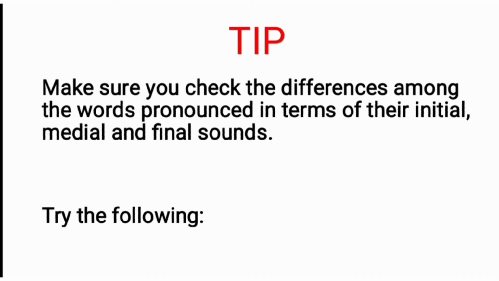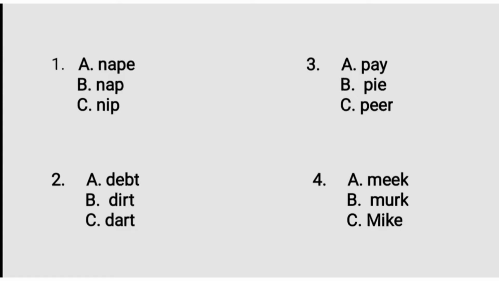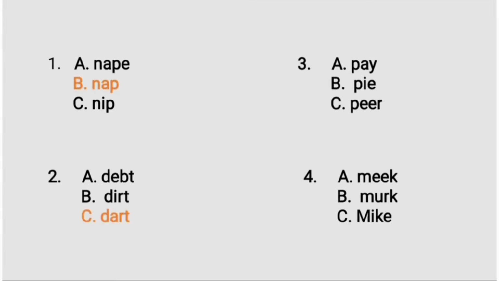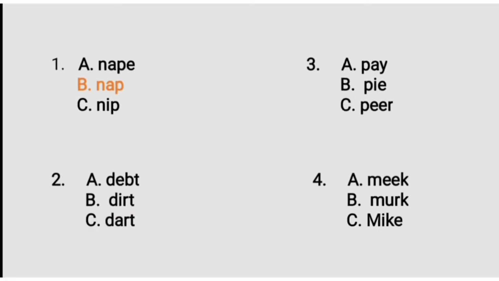Tip. Make sure you check the differences among the words pronounced in terms of their initial, medial, and final sounds. Try the following with me. Number 1. Nap. The word I read was N-A-P, nap.